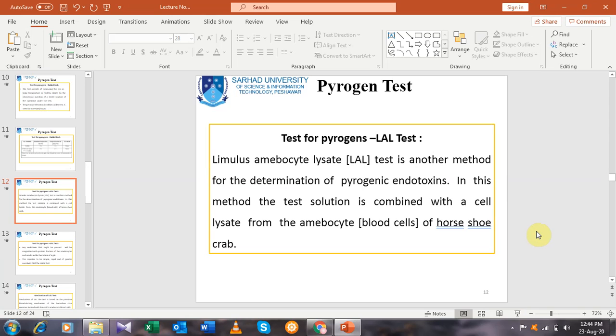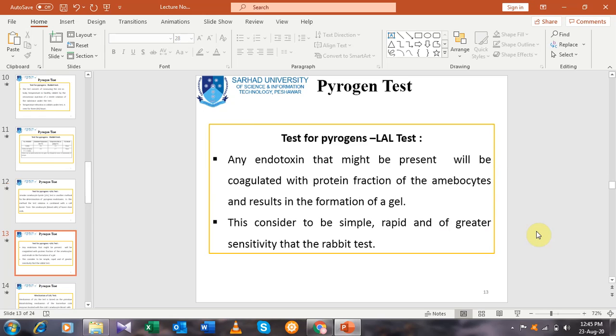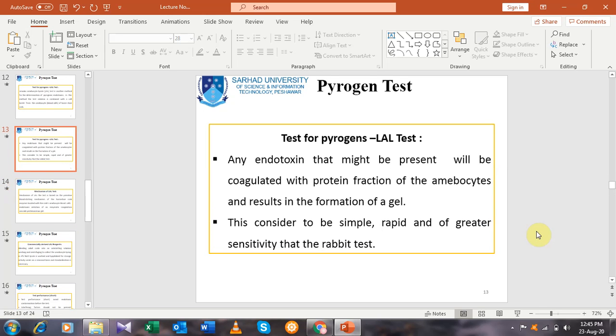Test for pyrogen, another one, that is the LAL test, that is in vitro testing. It is an alternative to the rabbit test for the pyrogen evaluation or determination. In this case, the solution is mixed with the cell lysate from the horseshoe crab, and it is a rapid, more sensitive and simple method of testing of pyrogen as compared to the rabbit test.